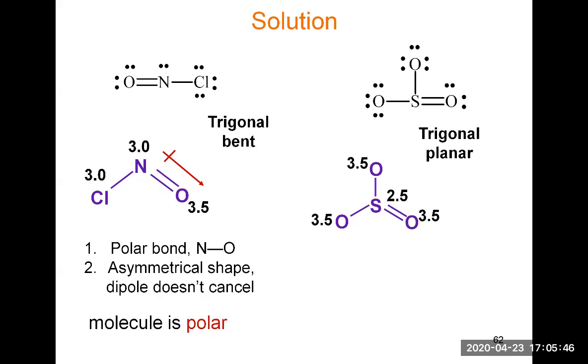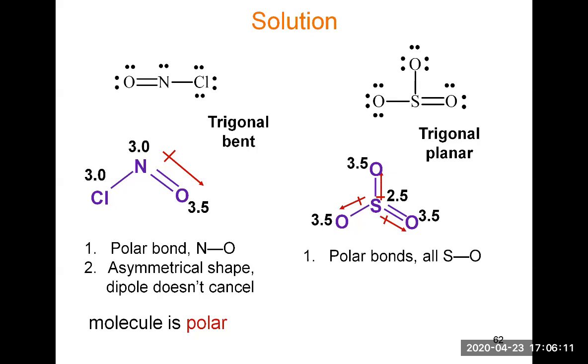The numbers next to each atom are the electronegativity values for those atoms. So oxygen has an electronegativity value of 3.5 and sulfur 2.5. The difference is 1.0 for each of these bonds. So that means the SO bond is polar.